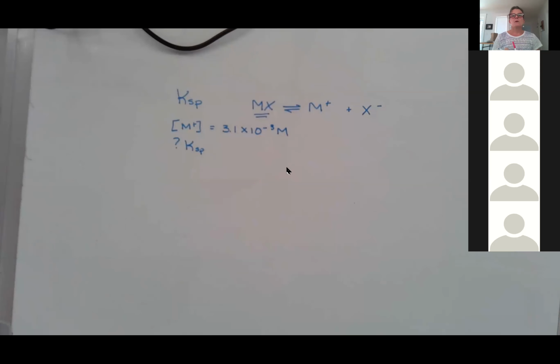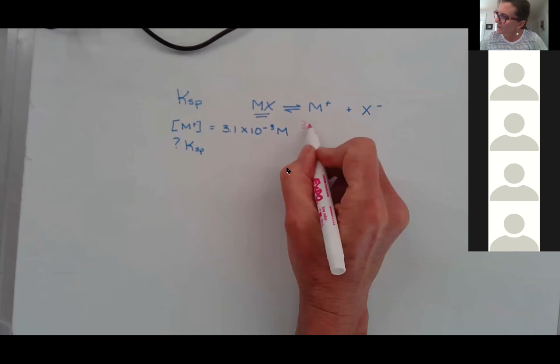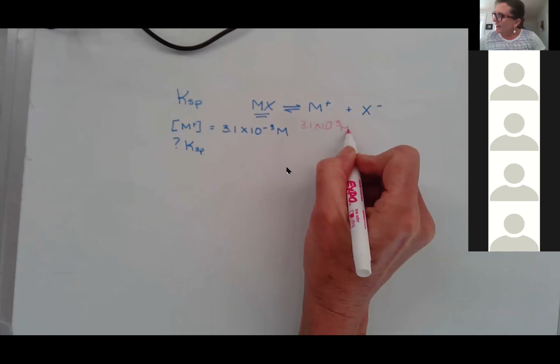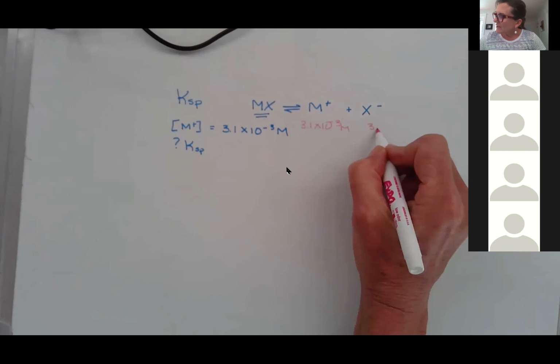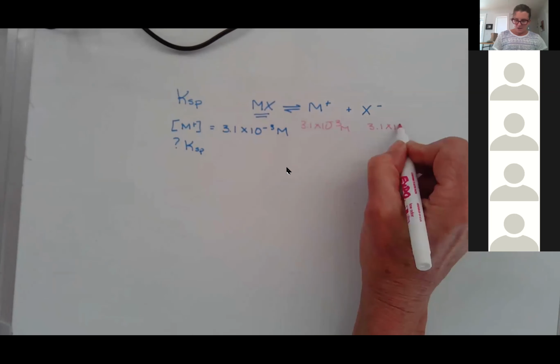So if this is 3.1 times 10 to the minus 3 molar, X minus is also going to be 3.1 times 10 to the minus 3 molar.